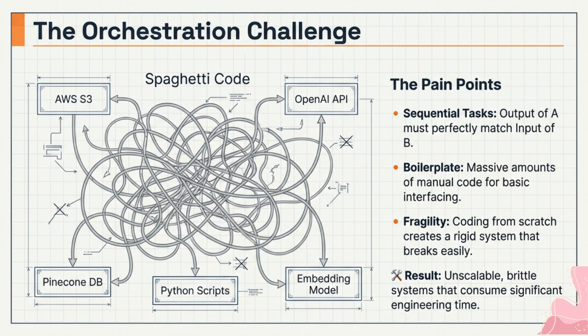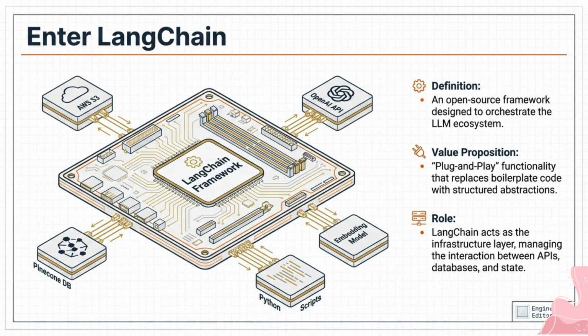Then orchestration frameworks emerged and changed everything. This is LangChain, an open source framework designed to orchestrate the LLM ecosystem. Look at the diagram. Same components: AWS, OpenAI, Pinecone, embedding models. But now LangChain sits in the middle as the orchestration layer.